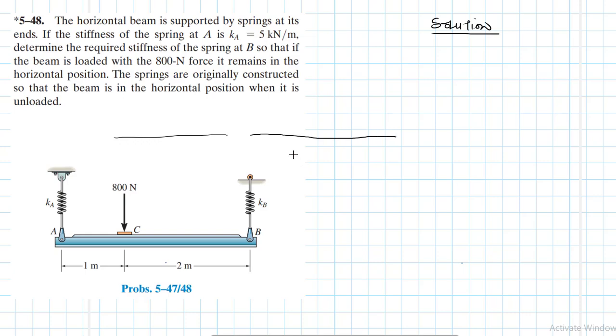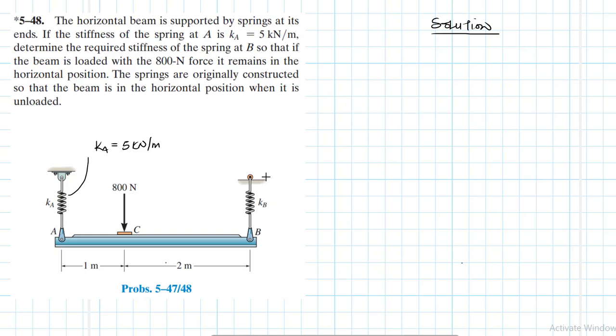So two cases. If it's not loaded, it remains horizontal. If it's loaded, it remains horizontal. We have been given the stiffness of one spring, this one. We've been told the stiffness of spring A is equal to 5 kilonewtons per meter. We have been asked to find the stiffness of spring B.